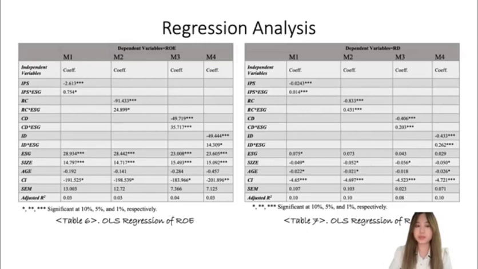It shows that these four independent variables with ESG coefficients are all significant at the 5% level, meaning that ESG can reduce negative effects and play a moderating role to a certain extent.